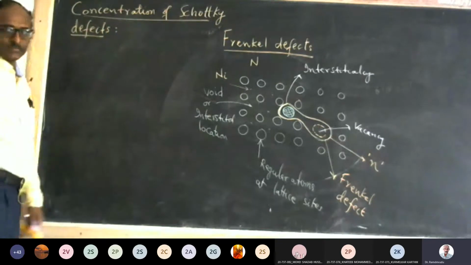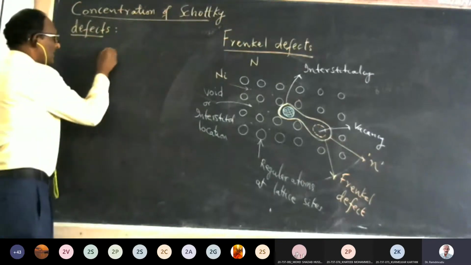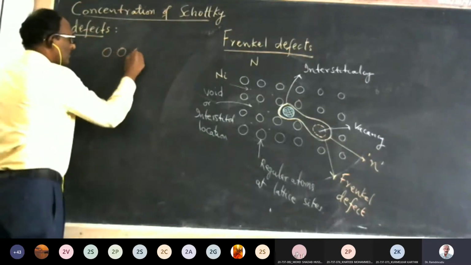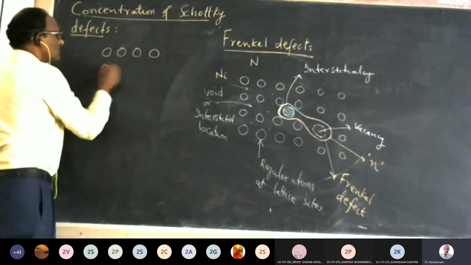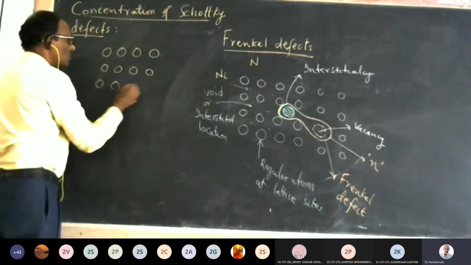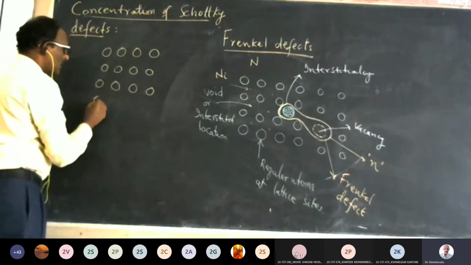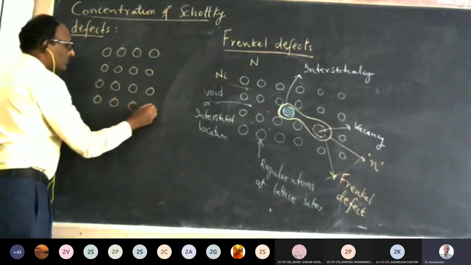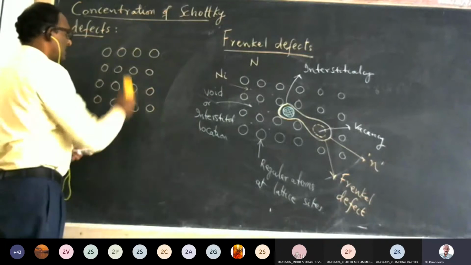We'll derive it. And here I am repeating the same diagram which we have drawn in the earlier class to show a Schottky defect as a pair of missing anions and cations.